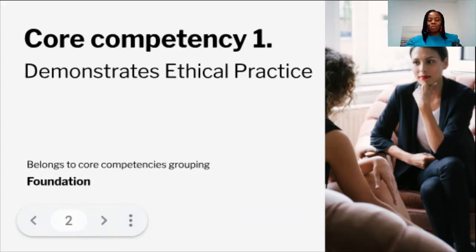And as you can see, this ethical competency is part of the foundation group, because the core competencies are grouped into four big categories. One and two are the foundation, and then the next grouping is for co-creating the relationship, where we have the agreement, trust and safety, and presence. These are the elements that really help to co-create. After the foundation of the mindset, the job, the posture of the coach, the next thing is co-creating that relationship with the client in the conversation.